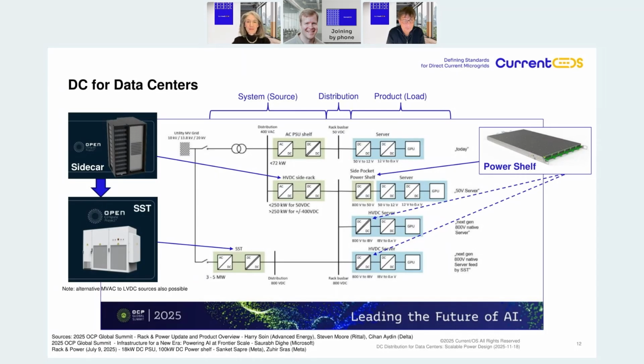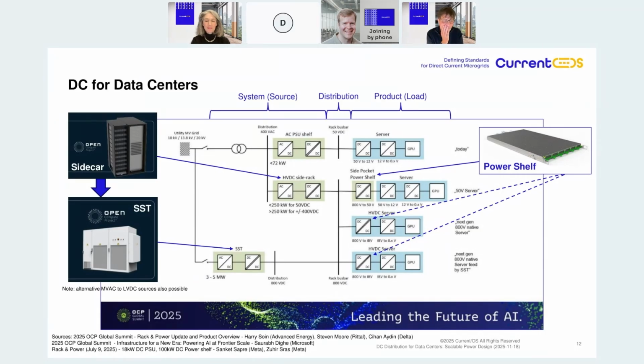This is the Mount Diablo project for Open Compute. And then moving from there into a broader scope of power distribution, you have either the solid state transformer or other alternative forms of taking medium voltage AC and producing low voltage DC that can then power the IT rack.